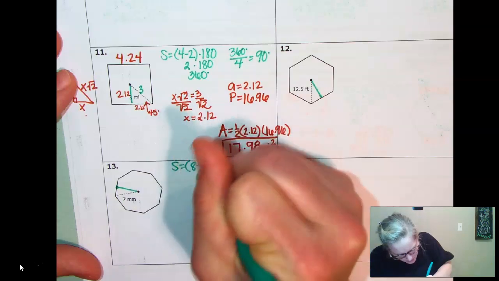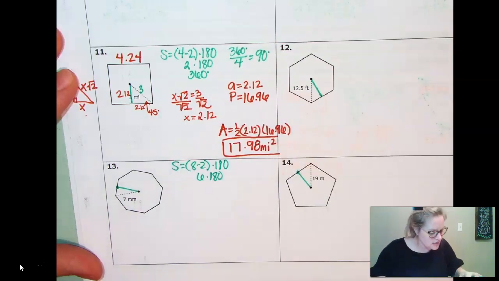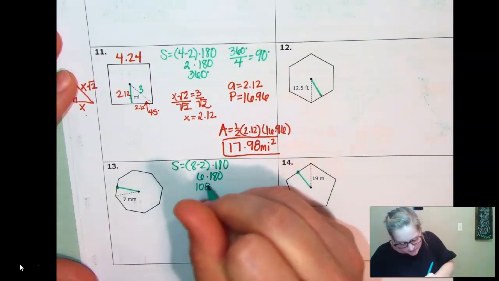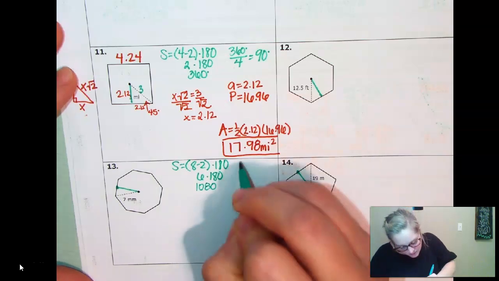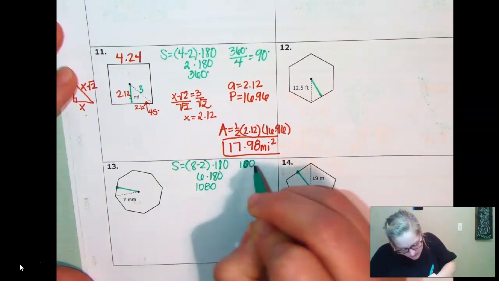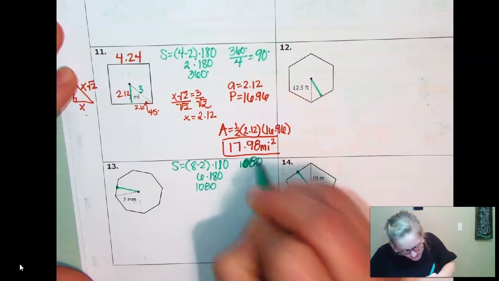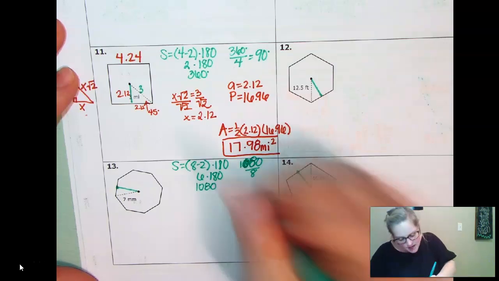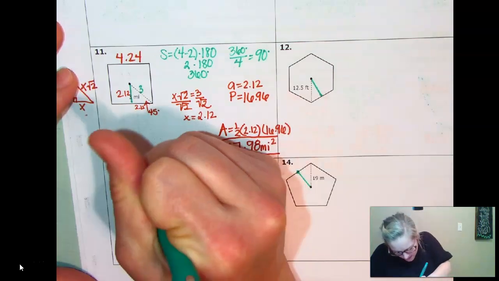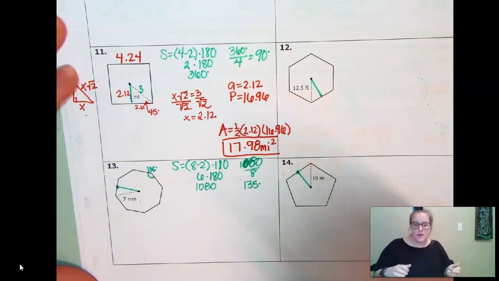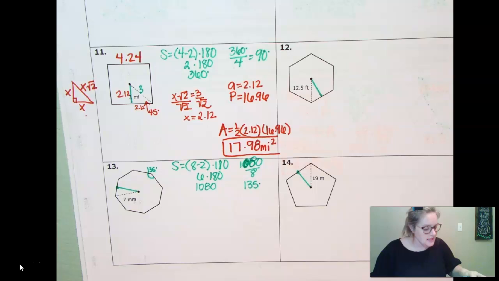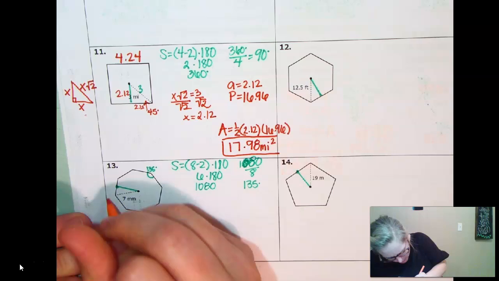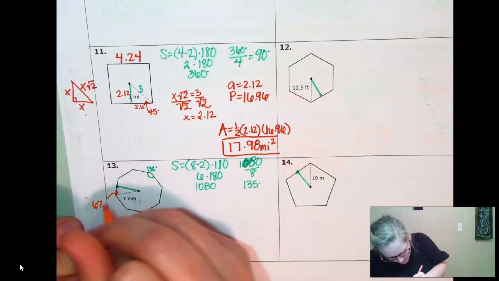That's 6 times 180, which is 1,080, and I'm going to divide that by 8 because there are 8 sides. That gives me 135. So every one of those is 135 as the whole thing. Then we take that and divide by 2, which means this part right here is going to be 67.5.